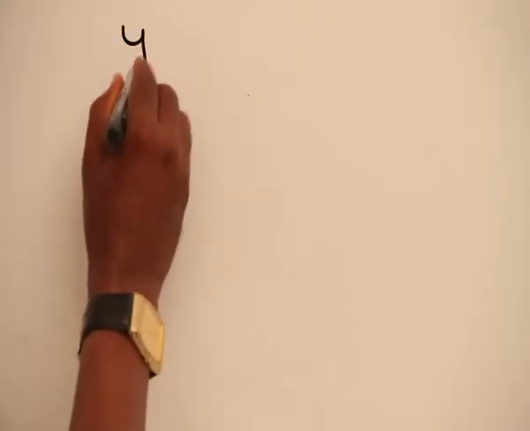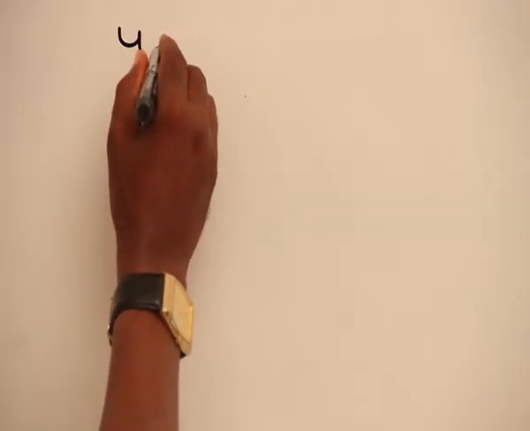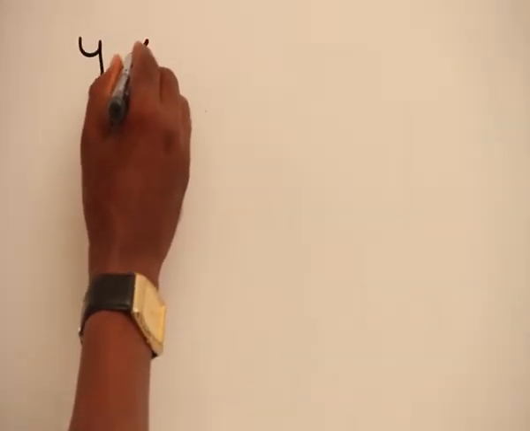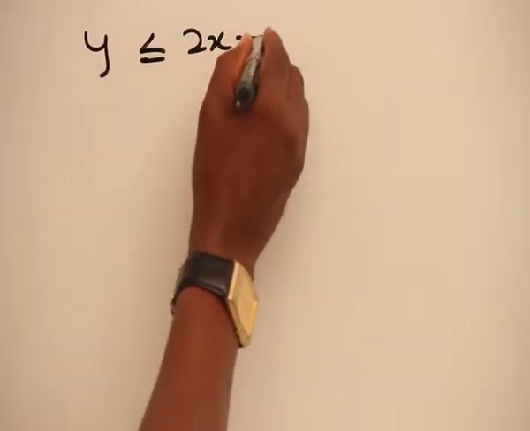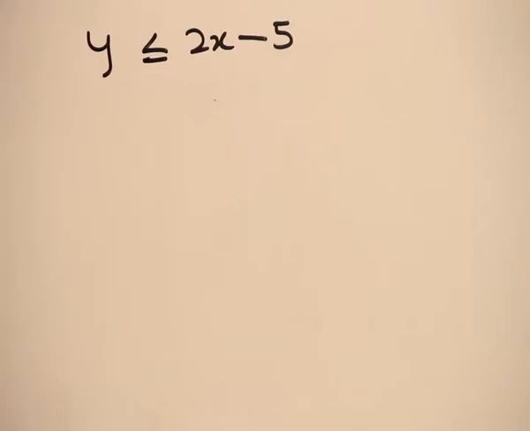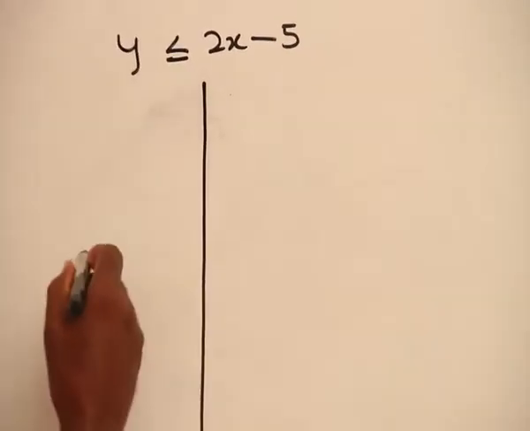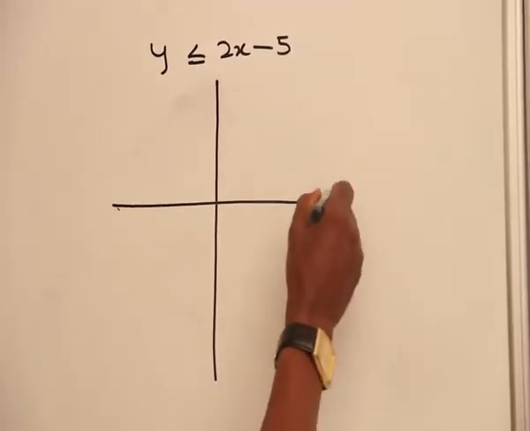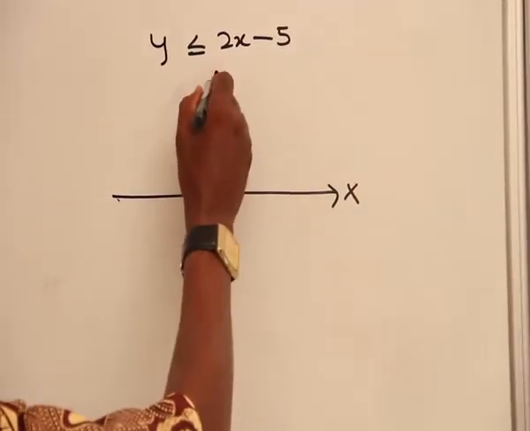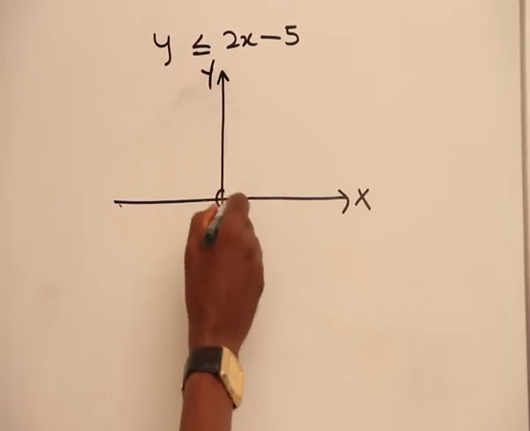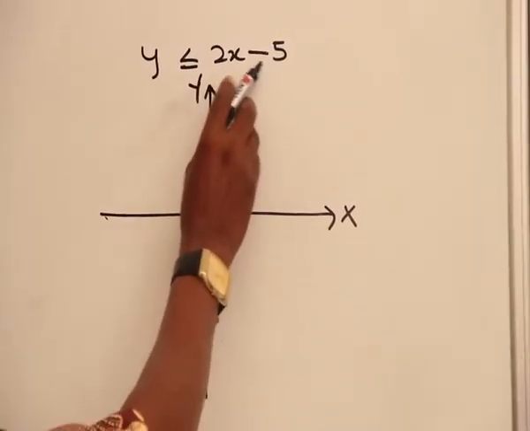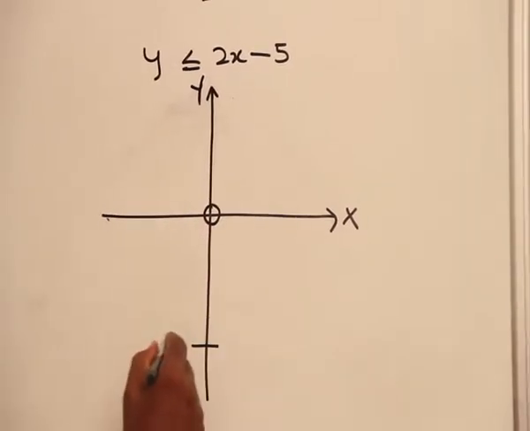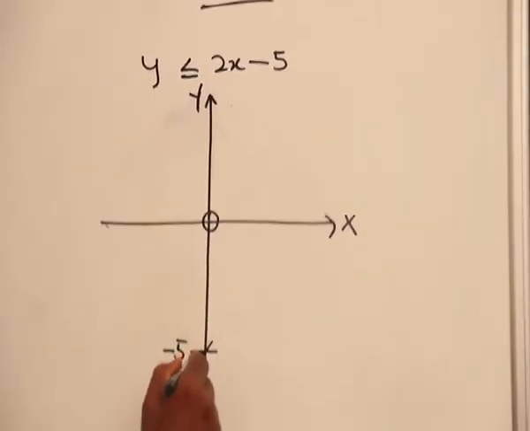Making y the subject of the equation, we have y less than 2x minus 5. We can then draw the graph. This is our x value, y value, this is your region. When x is 0, y is minus 5. So I come over here and put my minus 5.